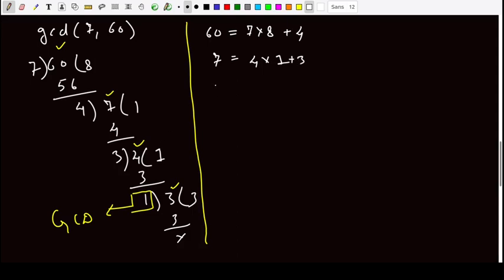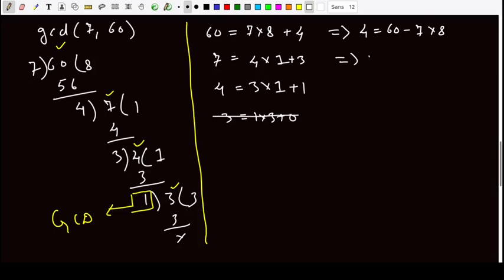Similarly, 4 can be written as 3 into 1 plus 1. And 3 can be written as 1 times 3 plus 0. By the way, we disregard this last equation. Now from here we can say 4 equals 60 minus 7 into 8, 3 equals 7 minus 4, and 1 equals 4 minus 3.